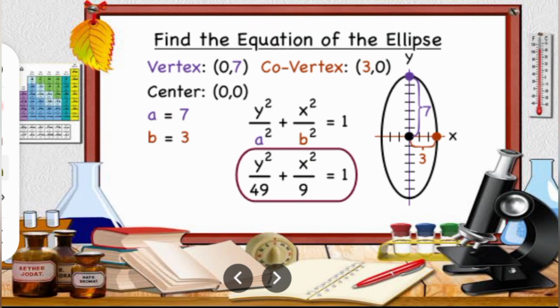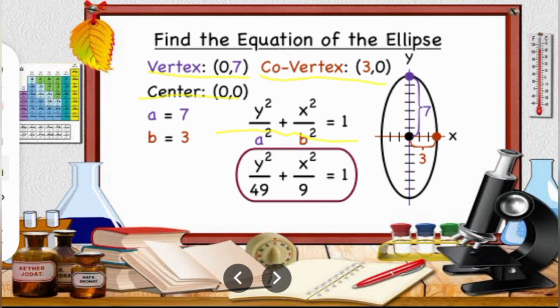We have another example: find the equation of the ellipse. We get now the vertex. This is the vertex, 0, 7, and this is our co-vertex, which is 3, 0. Our center here is 0, 0, and this is our equation.